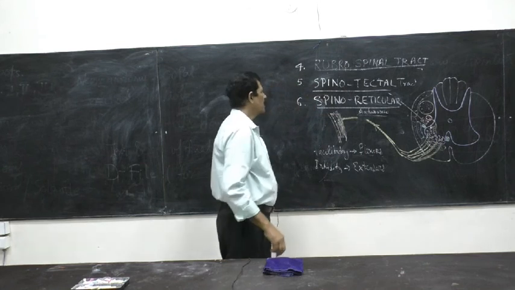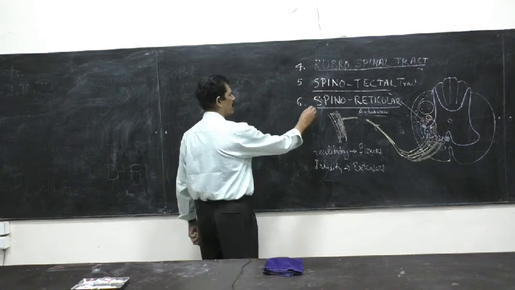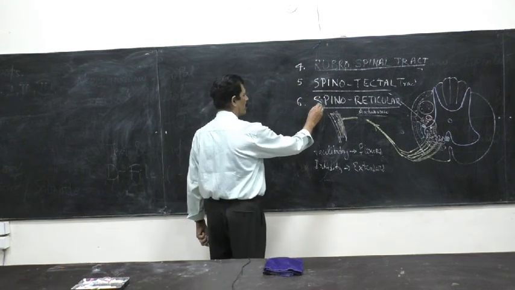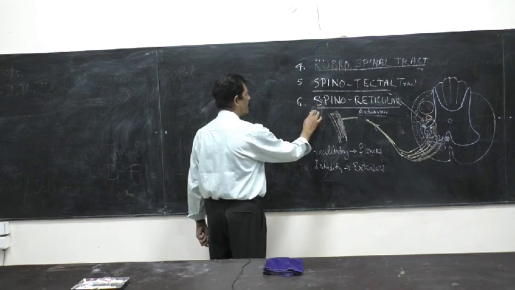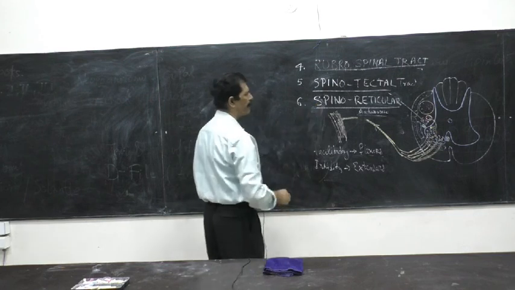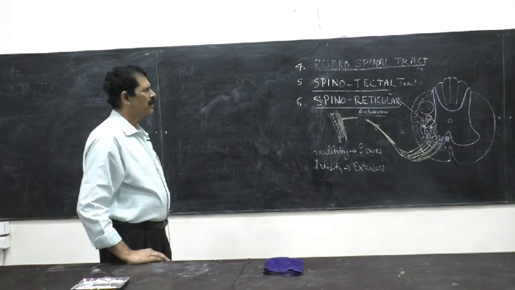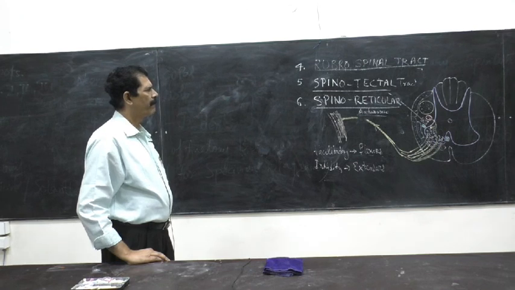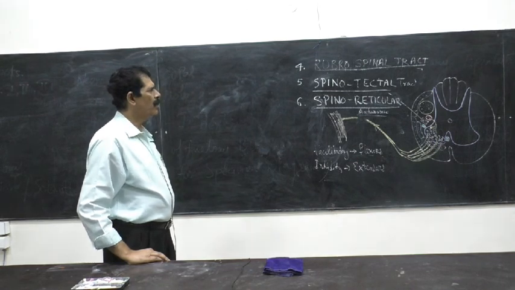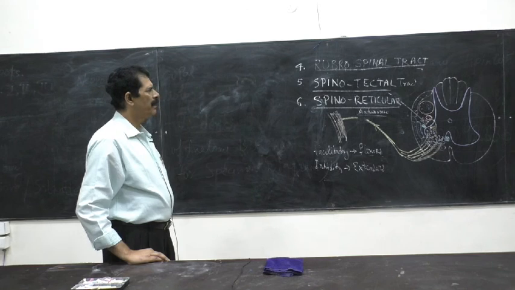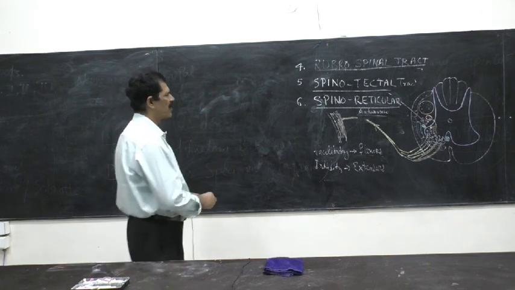So this spino-reticular tract is concerned with the autonomic nervous system. This is how we finish the lateral column tracts.